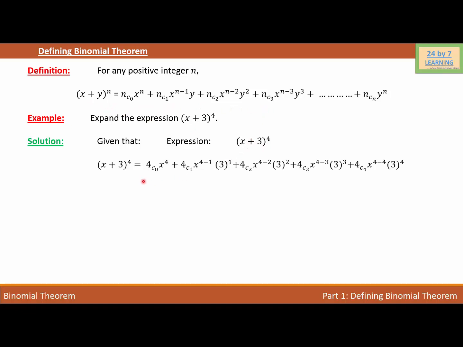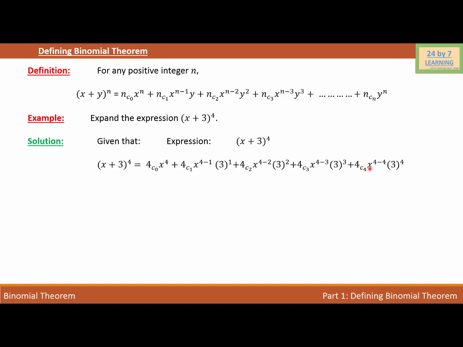If we do that, we will write (x + 3)^4 is equal to 4C0 x^4 + 4C1 x^(4-1) 3^1 + 4C2 x^(4-2) 3^2 + 4C3 x^(4-3) 3^3, plus our last term is 4C4 x^(4-4) 3^4.